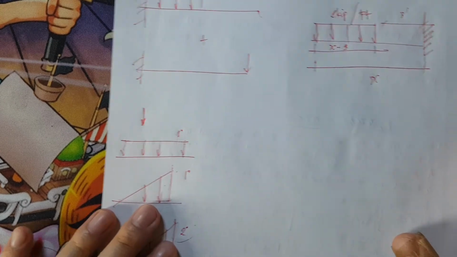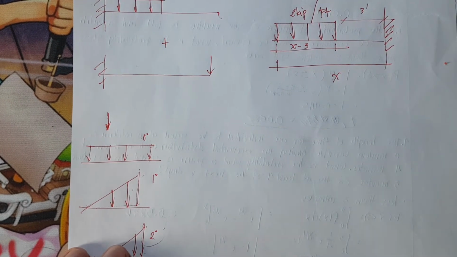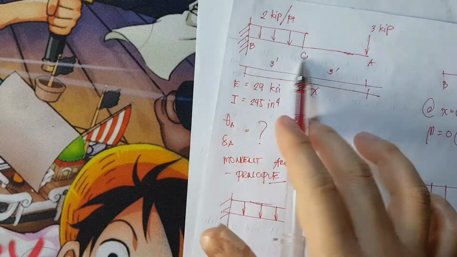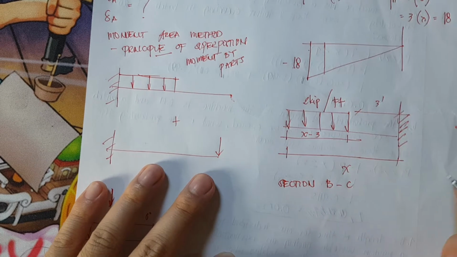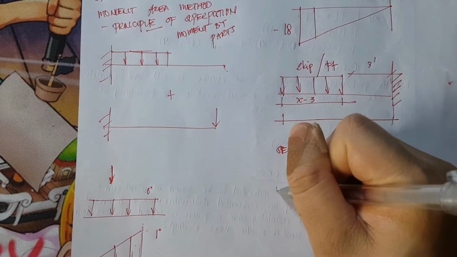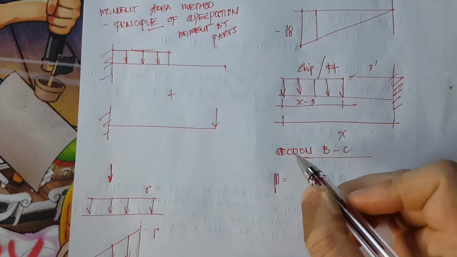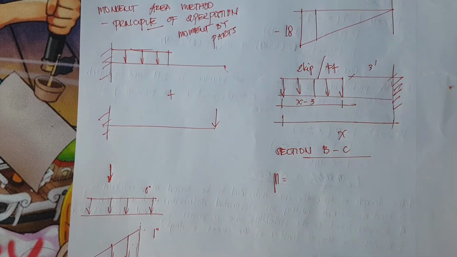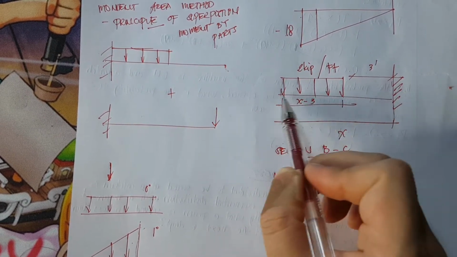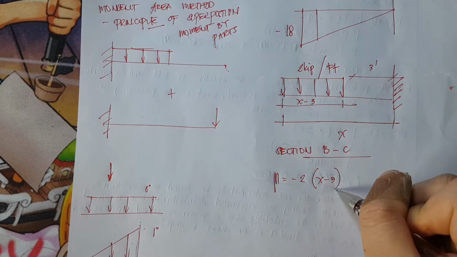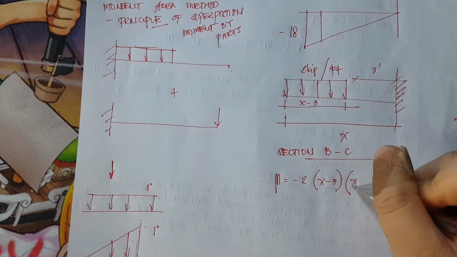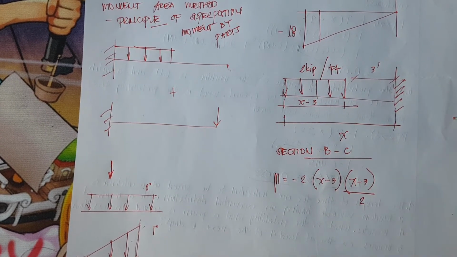Okay? So, gawa na natin ng equation. So, section BC, we have moment is equivalent to negative 2 because it is pointing downwards. Negative 2 times yung span niya, which is x minus 3 times the lever arm, which is x minus 3 over 2. Okay?